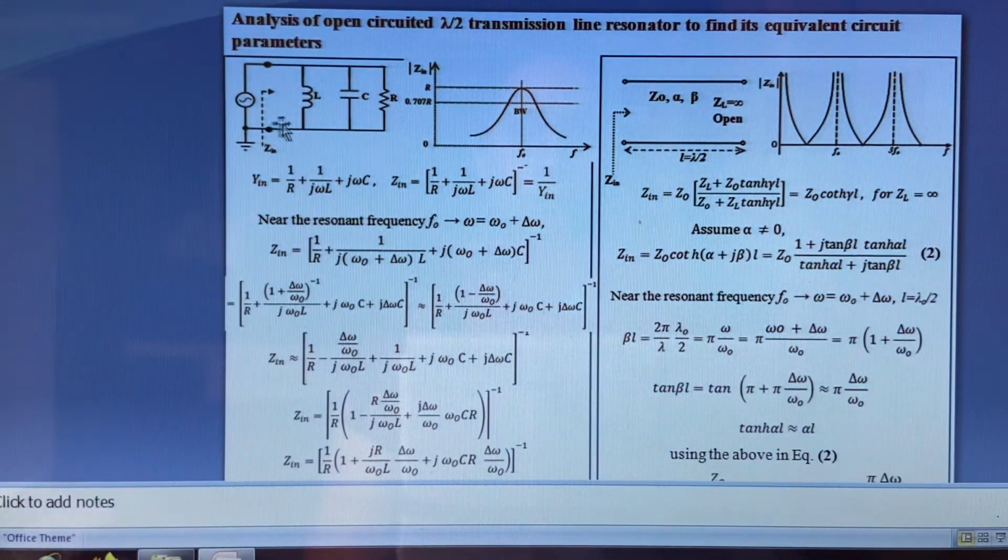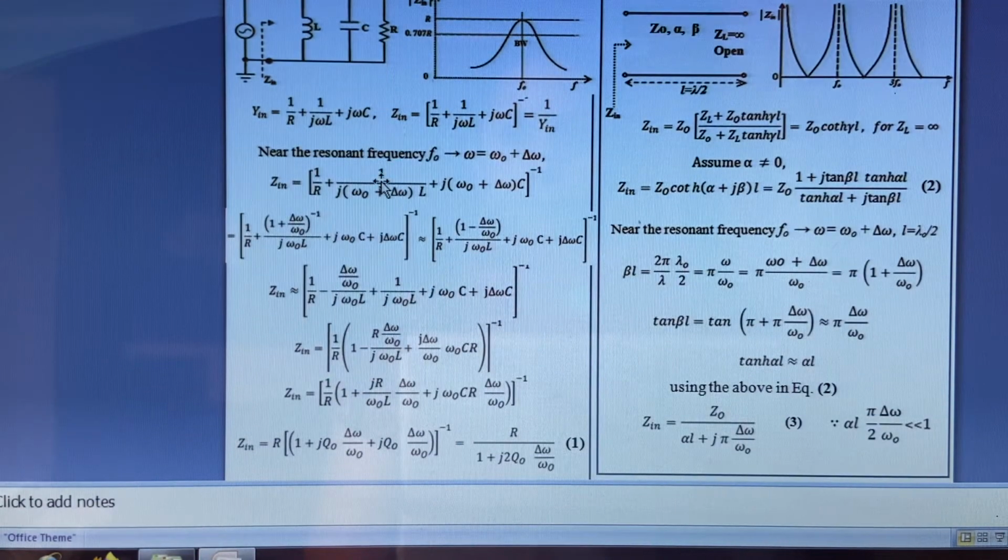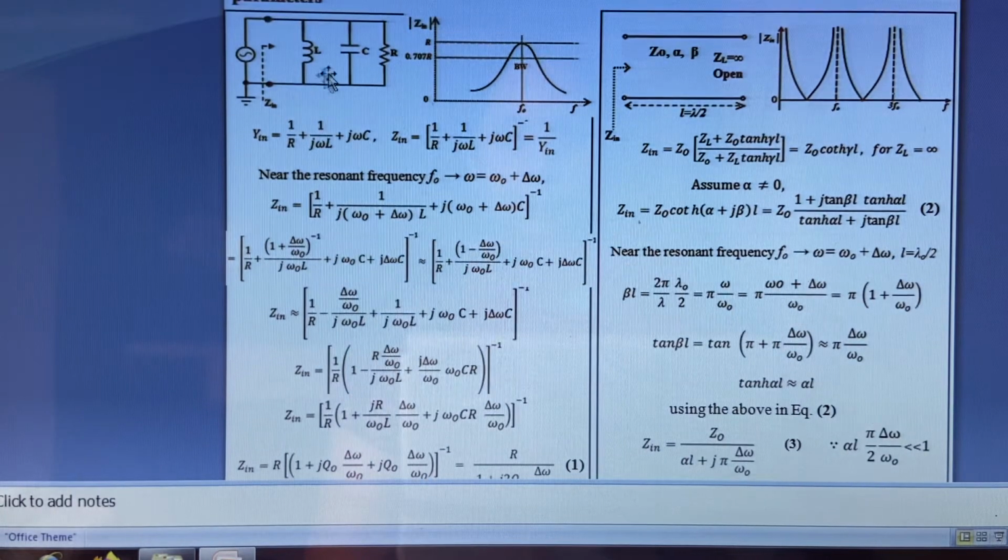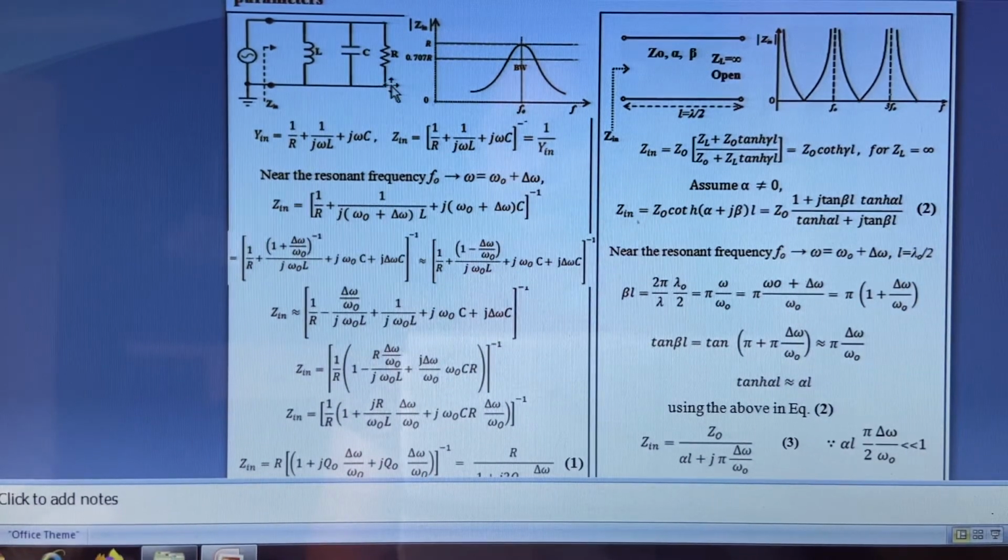Here, to find the input impedance of this LCR circuit, because it is a parallel resonator circuit, it is easy to write the admittance. So the input admittance is given by 1 by R plus the admittance of the inductor, that is 1 by j omega L, plus the admittance of the capacitor, that is j omega C. So the addition of the admittance of each component gives the input admittance Yin.